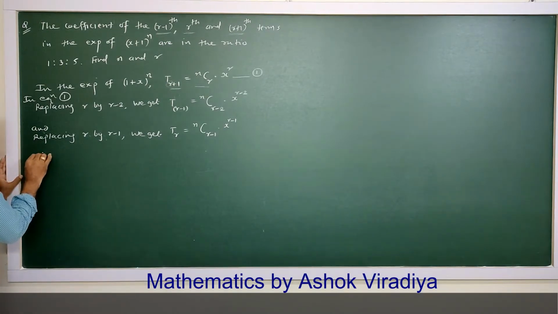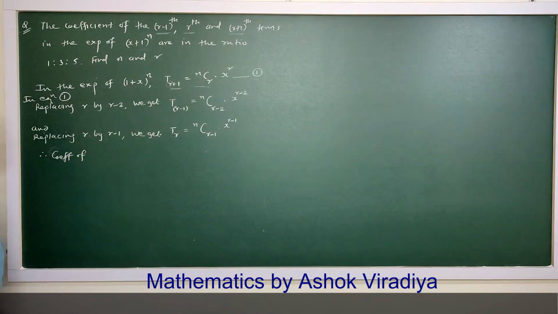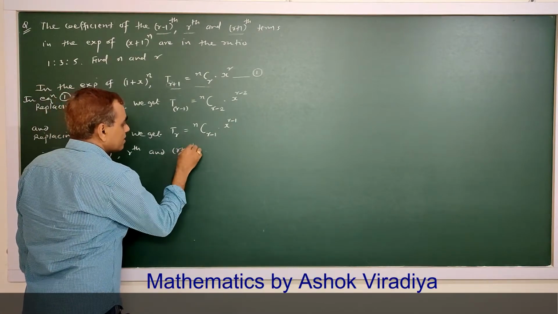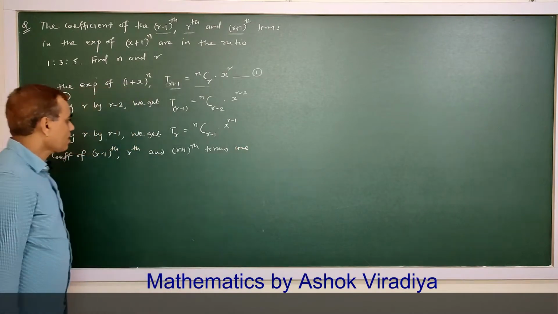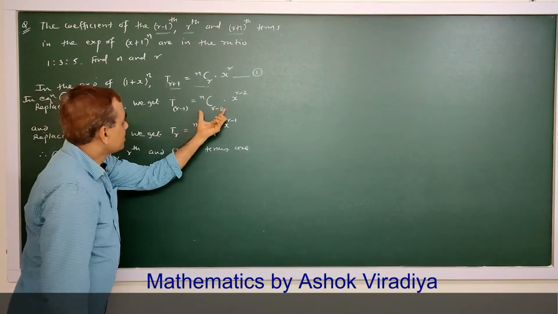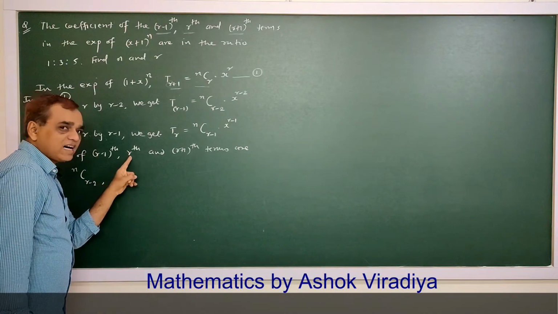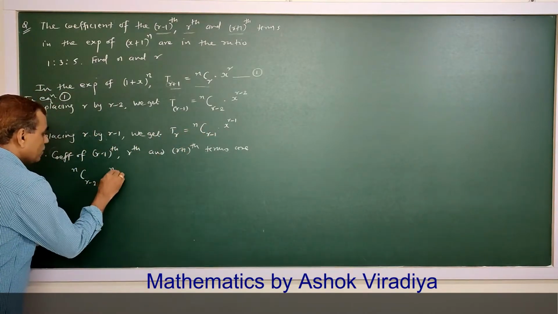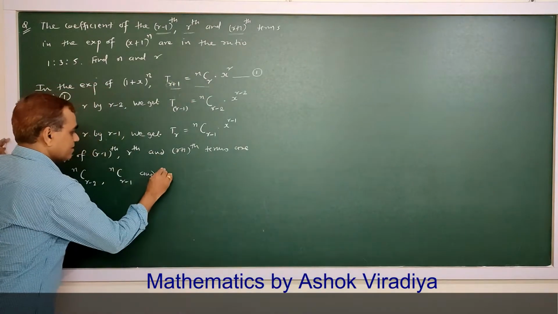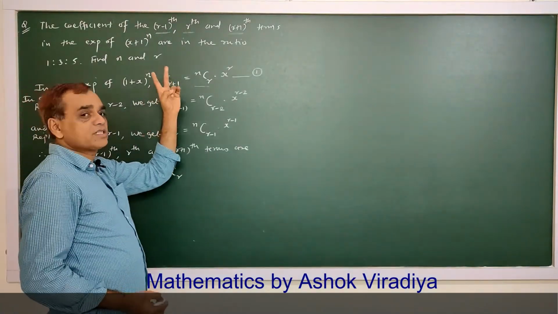Therefore, the coefficients of the r minus 1th term, rth term and r plus 1th term are, see, r minus 1, r plus 1. So for the r minus 1th term, first we write this coefficient nC(r minus 2), then the coefficient of the rth term is nC(r minus 1), and the coefficient of the r plus 1th term, from equation 1, is nCr. So these are the coefficients of the r minus 1th term, rth term and r plus 1th term.